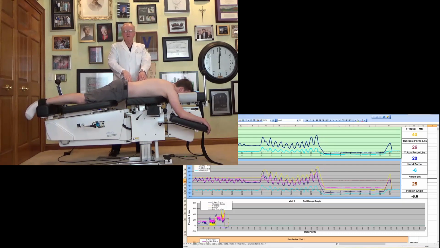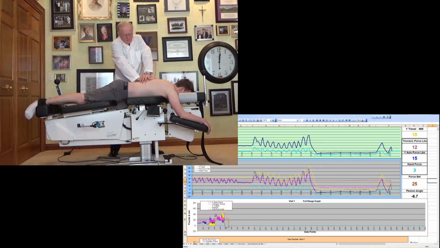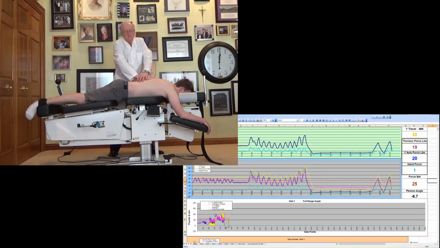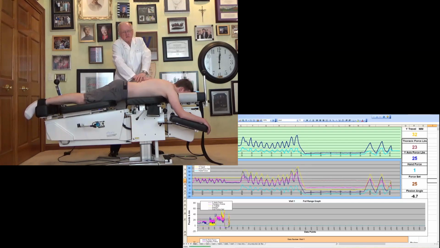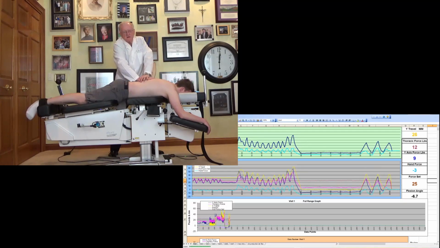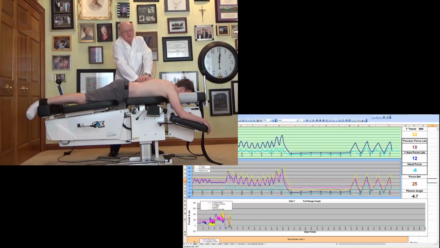And while I do that, I can come in with a contact, hold, and apply the distraction at a specific level so as to create distraction of that entire lumbar spine by holding my contact as the instrument applies long Y-axis distraction.